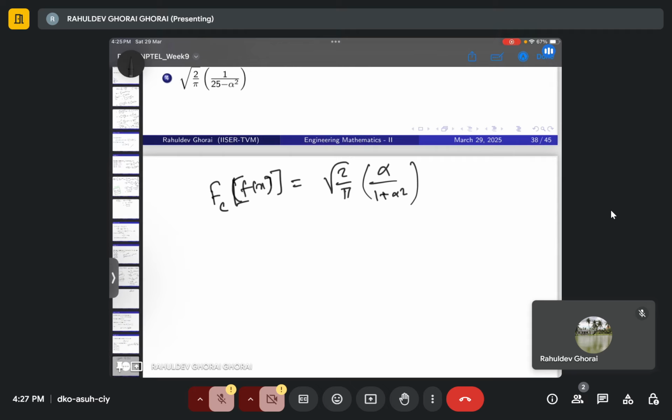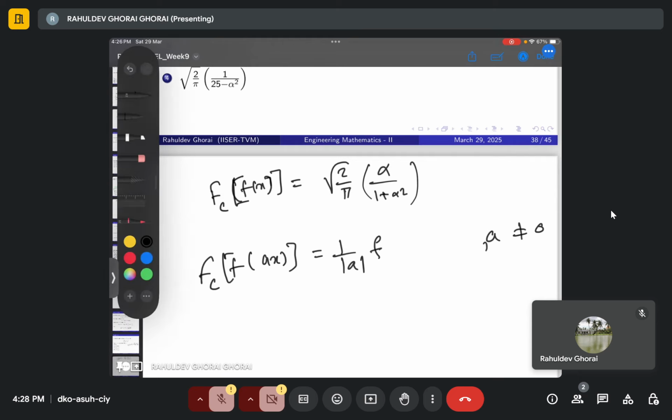So what do you need to find? You need to remember that fc of f of ax will be equal to 1 over modulus of a, where a is not equal to 0, times the Fourier cosine transform of the function f.